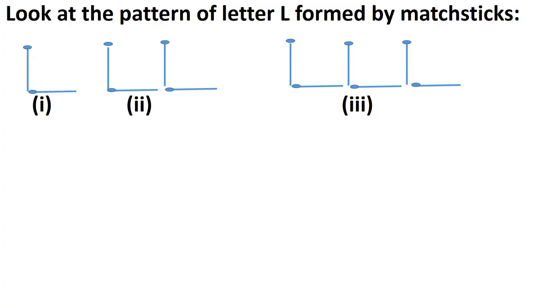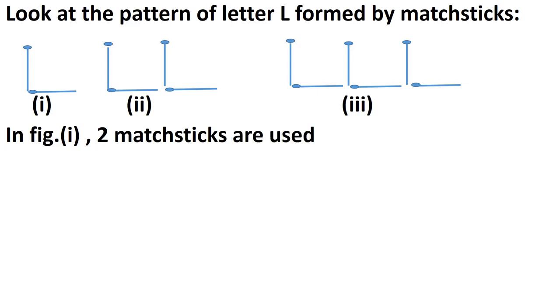In third figure, I have made 3 letter L. In figure 1, 2 matchsticks are used for 1 L. Clear? See only first figure. In that figure, 1 L is made. And how many matchsticks are used in that?